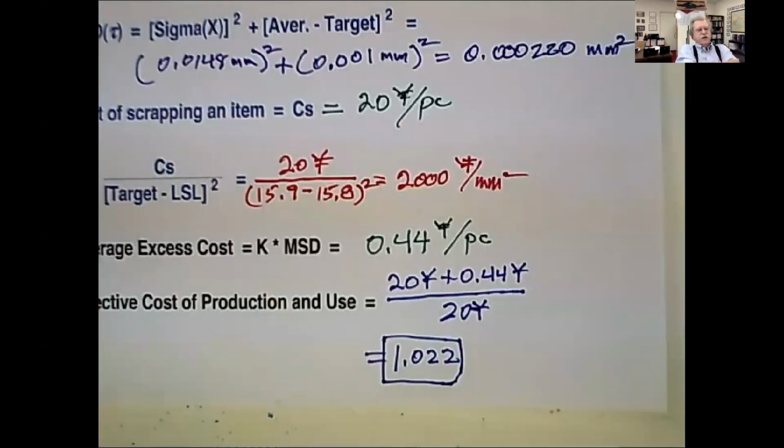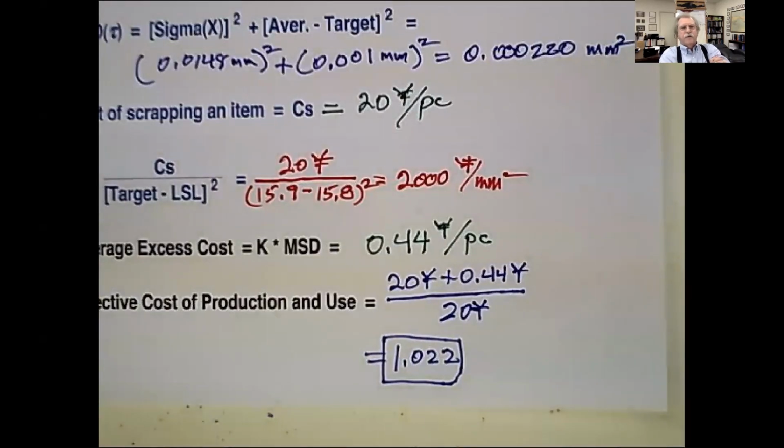Their excess cost here is running 2.2% of production. So if they could wave a wand and make everything perfect, the most they could hope to save is 2%. They don't have a lot of excess cost here.